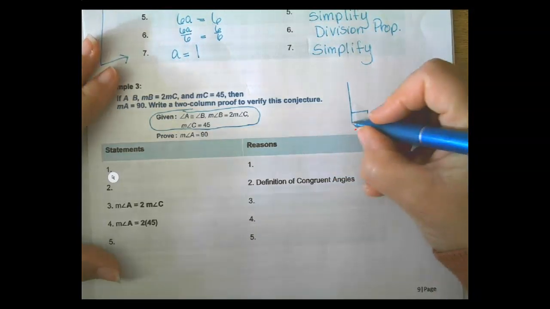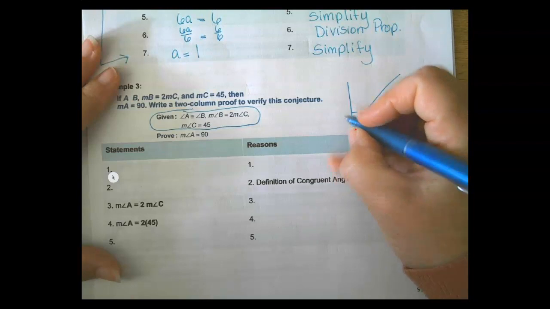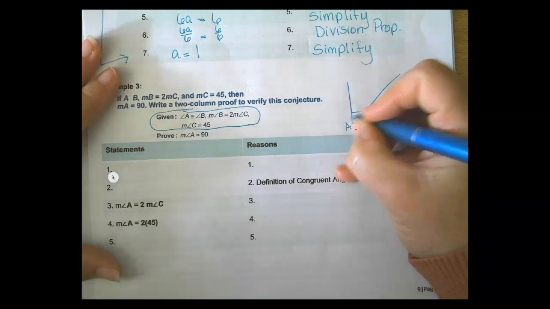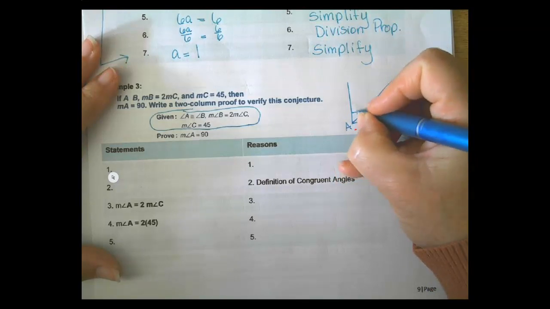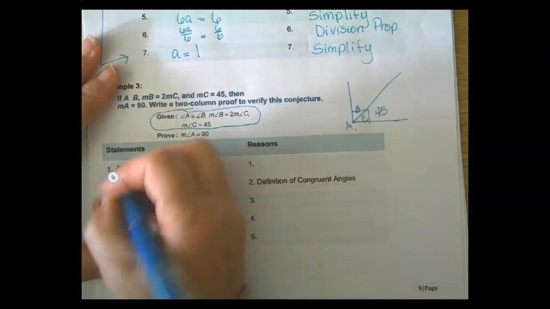So we have the measure, so this whole thing is angle A. I hate to do this, and then this is angle B, and this is angle C. So it says that C is 45. Okay, see how we can get with this one. So let's put our given here.